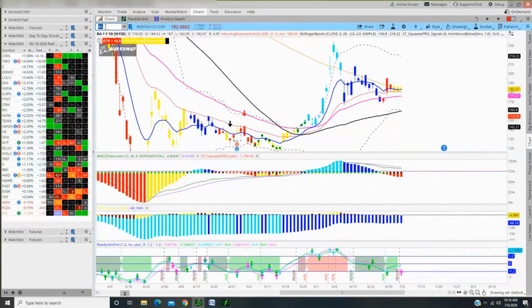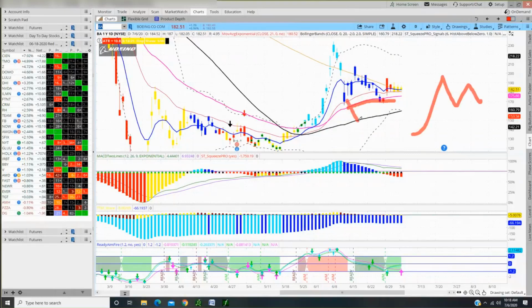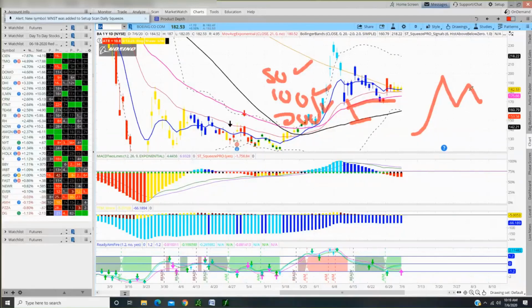No. Good. Okay. I'm glad you said that. I put it up because isn't this an extended squeeze? No, not for me. Why? Because if it's above the 34, it's a perfect squeeze. The only way for it to be an extended squeeze is to break the 34 and come down to my longer term moving averages, which are my SMAs. I have 3 SMAs, the 50, the 100, and the 200. Black, orange, green.